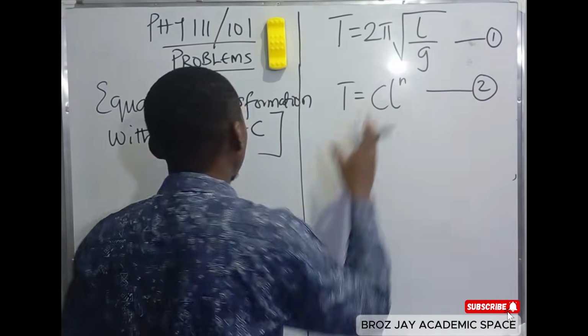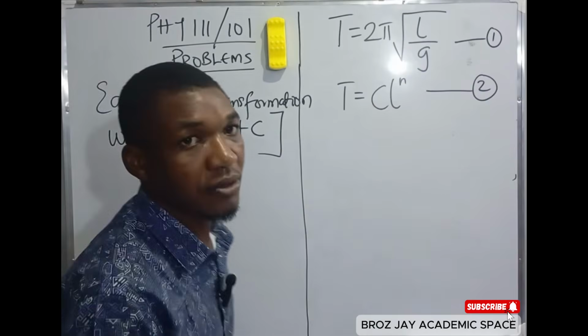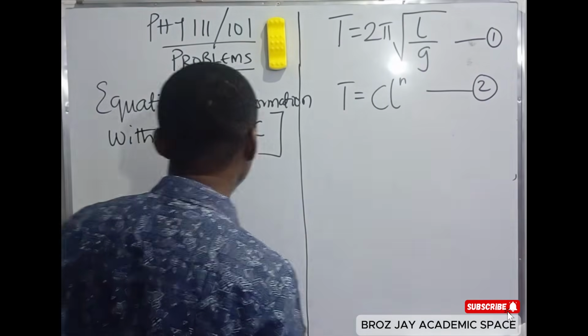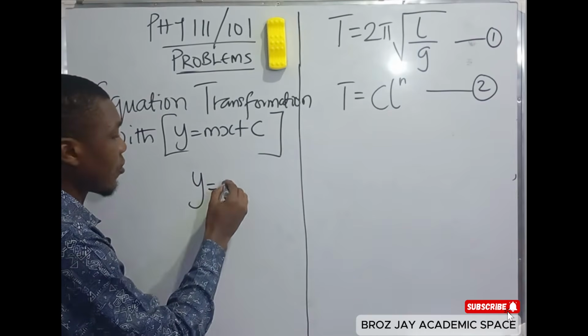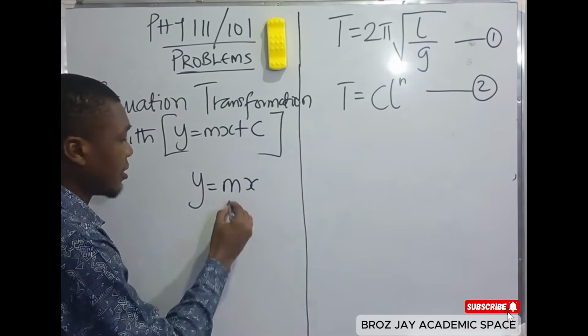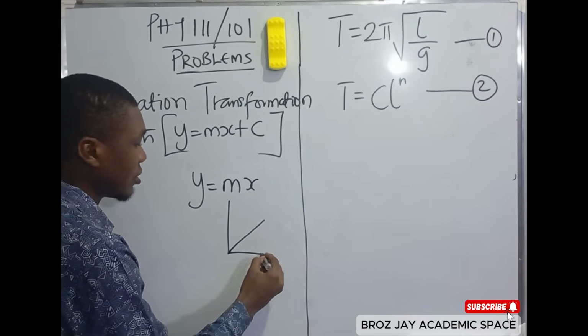I'll transform this equation to look like this. Remember, with the cases, you'll be able to transform this. One of the cases is y is equal to mx, meaning that it's passing through the origin.